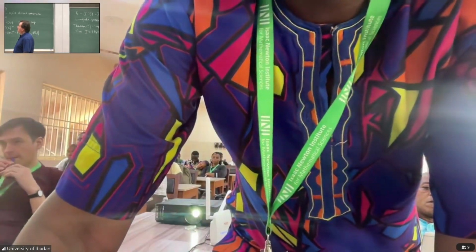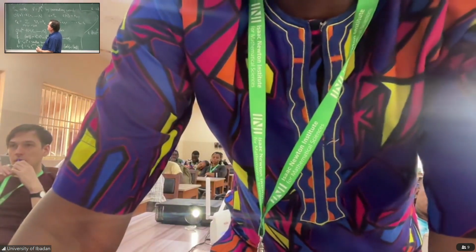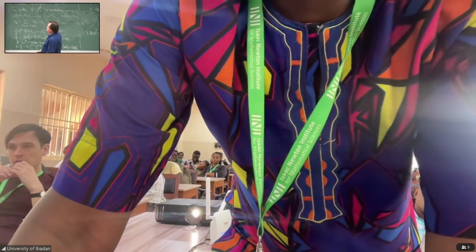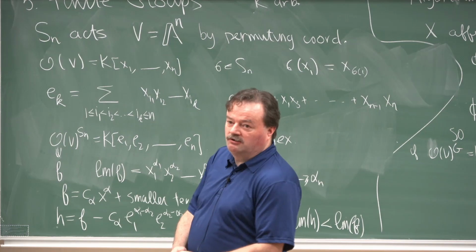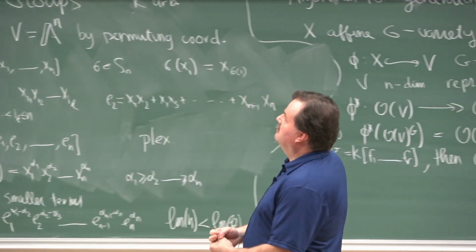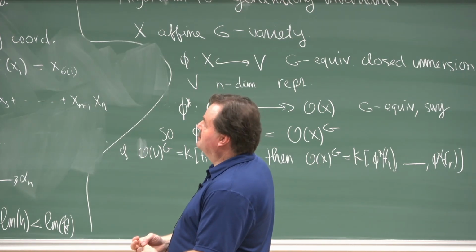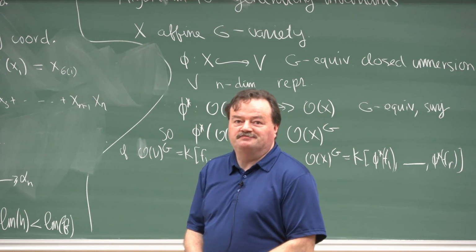Oh, no, in general not all orbits have to be closed here. What I've said applies to a general situation where not all orbits are closed. And if X is a representation, orbits don't have to be closed.